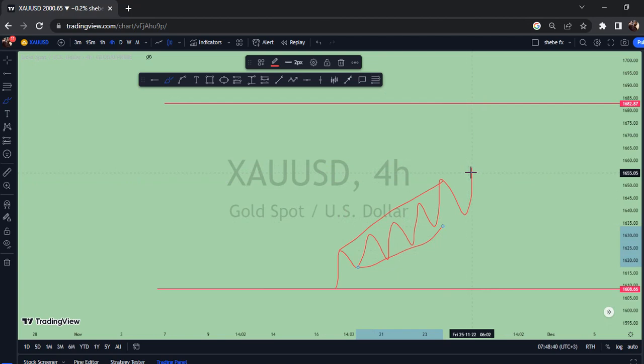When it comes to the point where this highest high came down and broke the previous higher highs and higher lows, we say that it has broken our structure. It has broken our bullish structure.